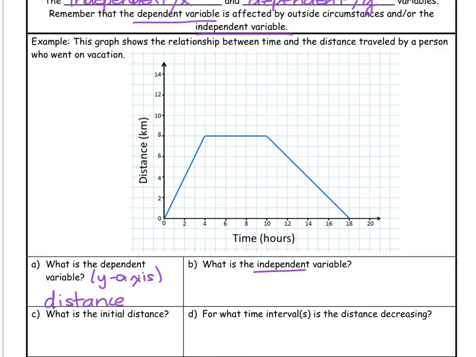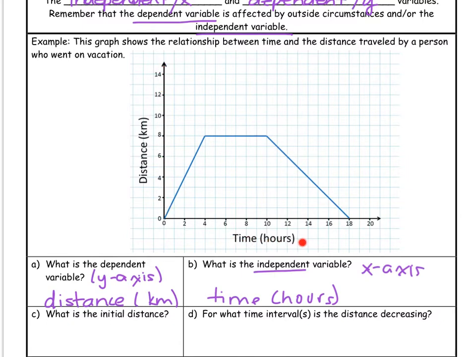The independent variable is always what's on our x-axis. And in this case, it's time, and it's being measured in hours, and the distance is being measured in kilometers. So as time goes on, as time increases, your distance also either increases or decreases.